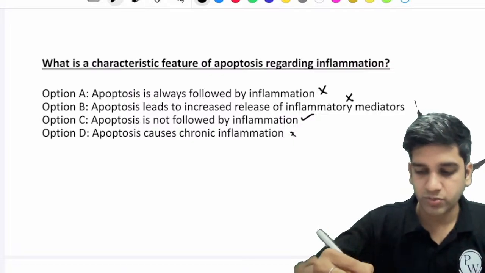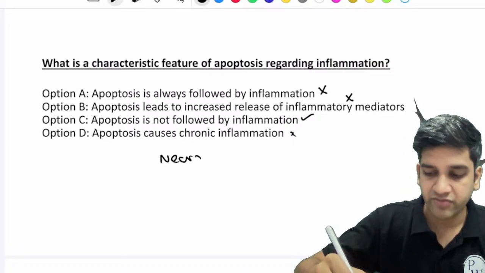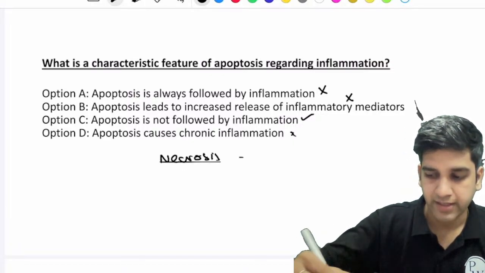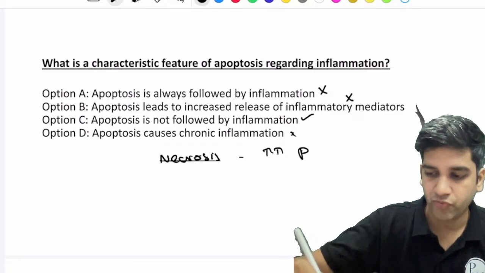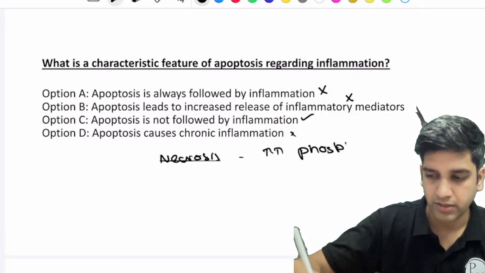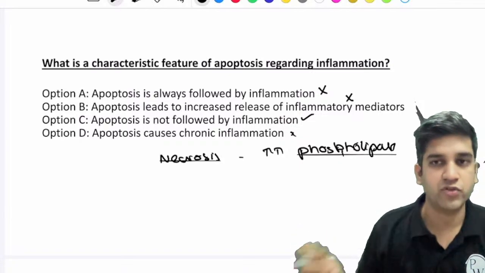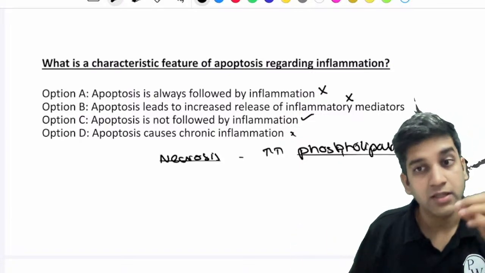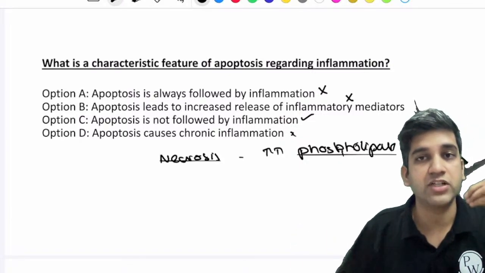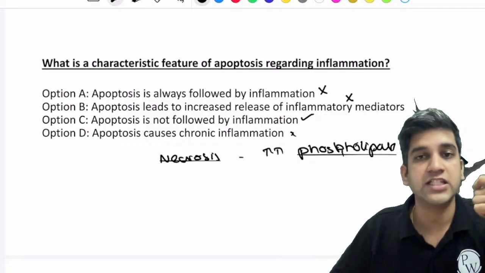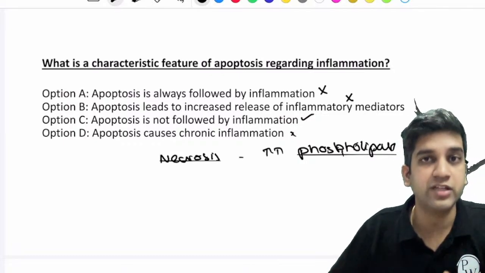One of the major differences between necrosis and apoptosis is that necrosis activates phospholipases. Once you activate phospholipase, the cell membrane will be damaged. Perfect, Shreya. The intracellular contents will come outside, and when they do, it will automatically trigger inflammation.